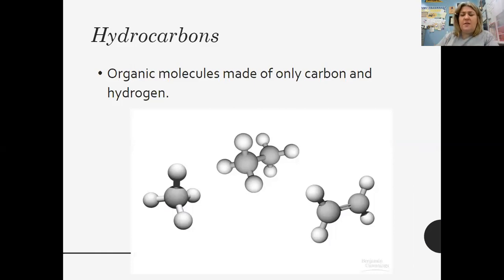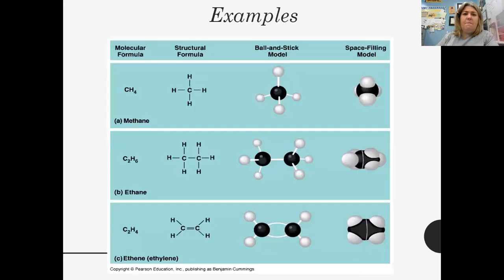And so that just gives you an idea of how commonplace those 2 atoms would be. So here are some examples of hydrocarbons. We've already done methane, which was the CH4. This would be ethane.